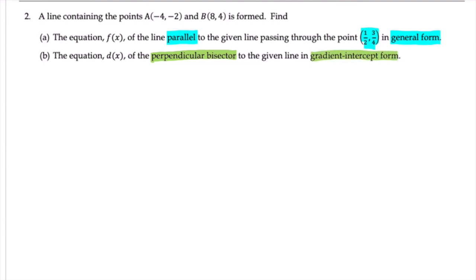So we have 2 questions here, starting with the original points A, B. First thing we want to do is find the slope, because once I find the slope, I can identify the same slope for parallel lines. Perpendicular lines have negative reciprocals. So let's find the slope.